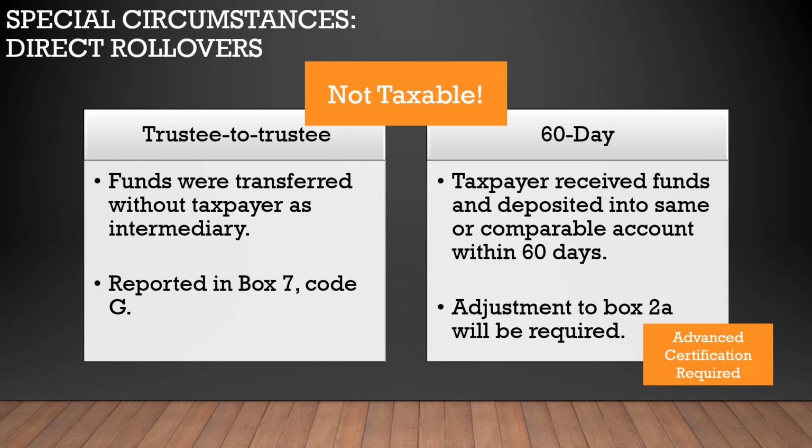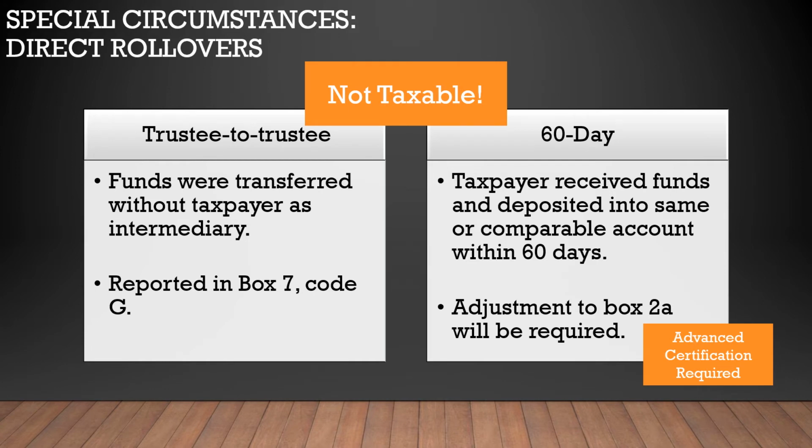However, there is also what's called a 60-day rollover, and because the taxpayer would have received these funds from the one trustee, that they would have requested the funds and the trustee would have made the check out to the taxpayer, there might be a code 1 which says early distribution, no known exception.